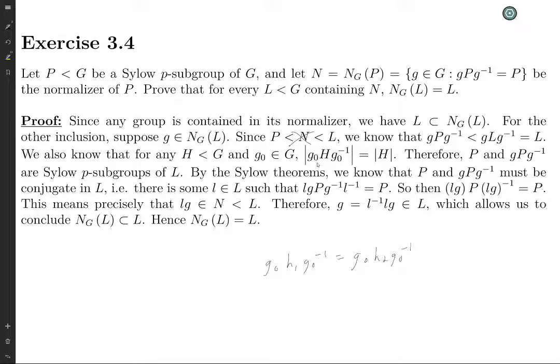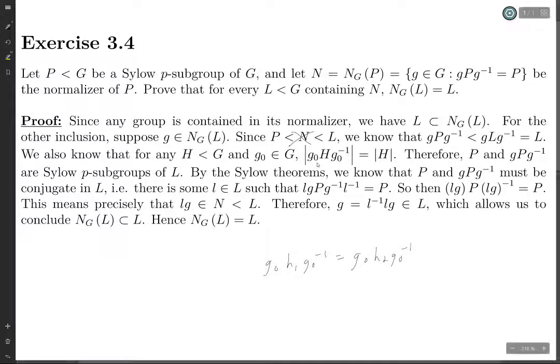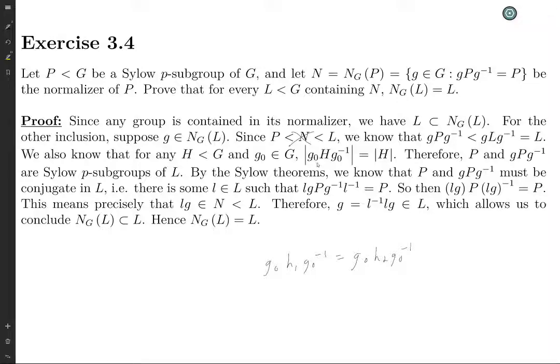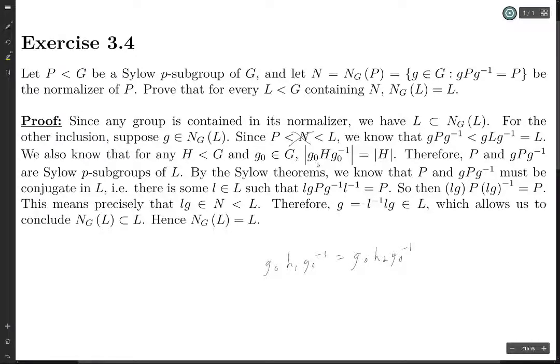But this is impossible. If this equality holds, then you just cancel the g naughts on the left and the g naught inverses on the right, and you get h1 equals h2. And so these two sets have the same size.